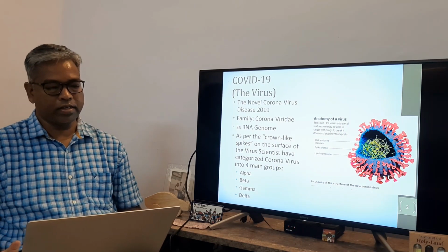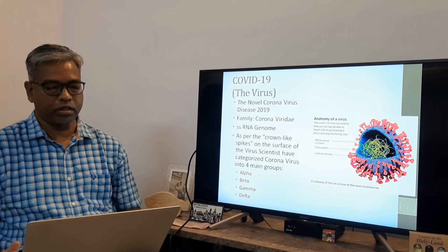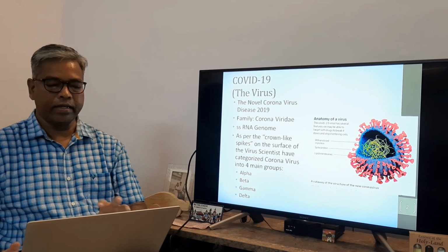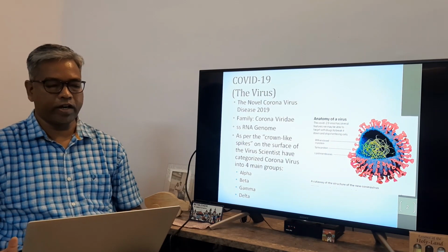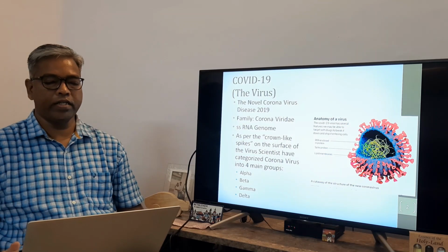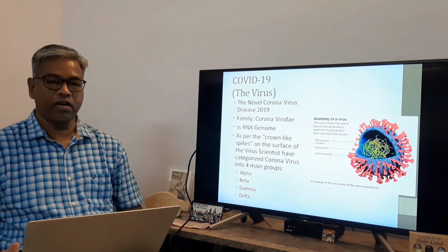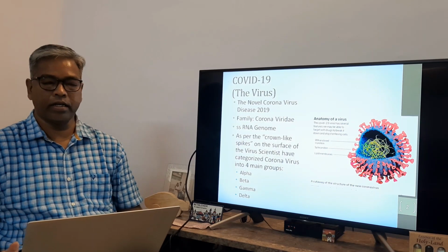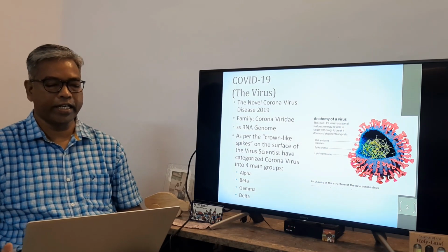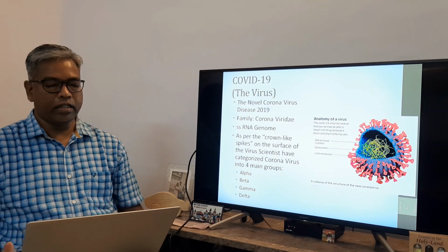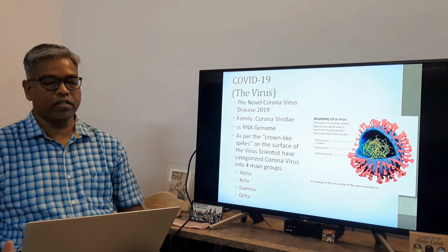So this is the slide which talks about a little detailing of the virus. COVID-19 stands for coronavirus disease, which came in 2019, and this is also called the novel coronavirus disease.